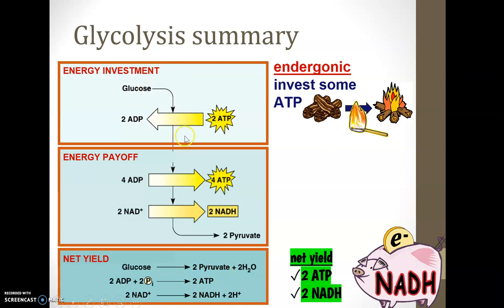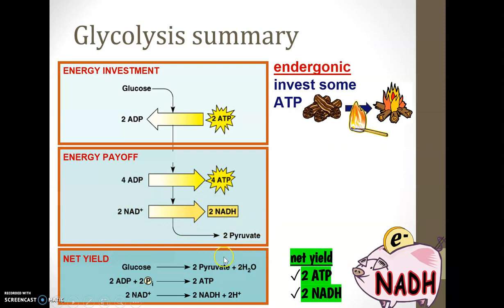Now, since we are breaking down our glucose, we're getting rid of those electrons to form carbon dioxide. So because of that, we need our electron carrier, our little electron piggy bank, to stash some electrons. So we have NAD plus coming in to take in 2 of those electrons, so that way we can get our 2 pyruvate.